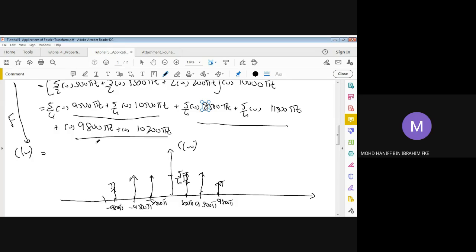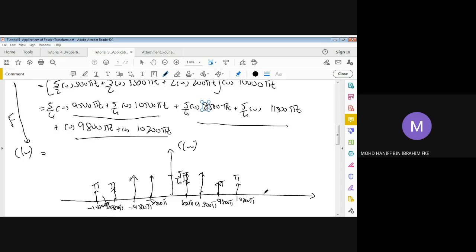Then we have another one at 10,200 pi, also with pi amplitude, and here also negative 10,200 pi, having pi amplitude as well. Hopefully you can follow my sketching.